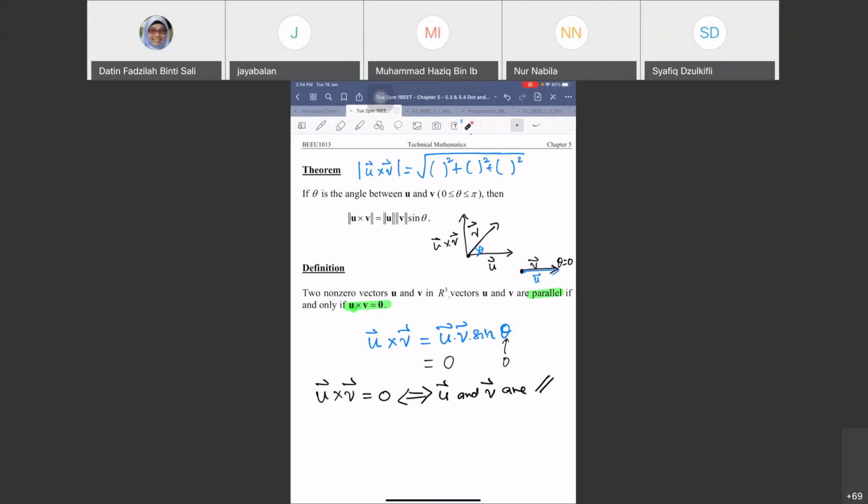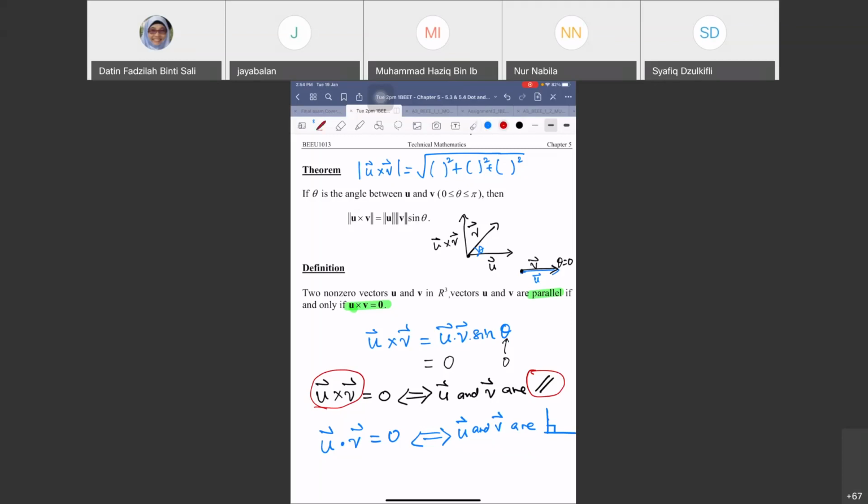Now remember, for the dot product last week, the important concept is about orthogonal vectors. For the cross product, the important concept is about parallel. For the dot product, you have u and v orthogonal.